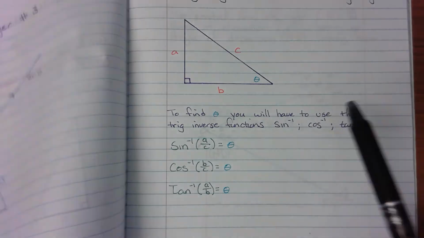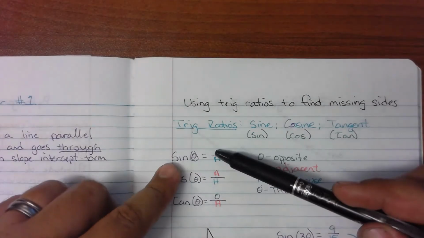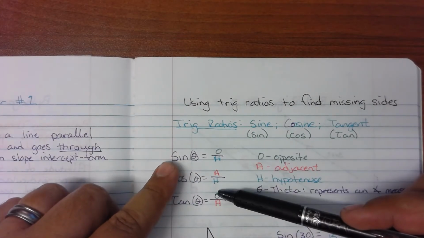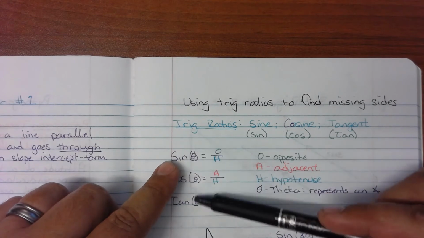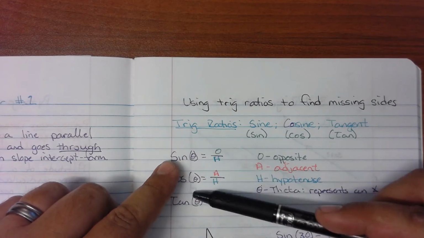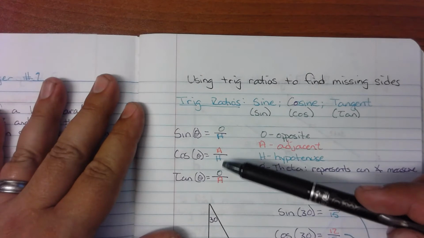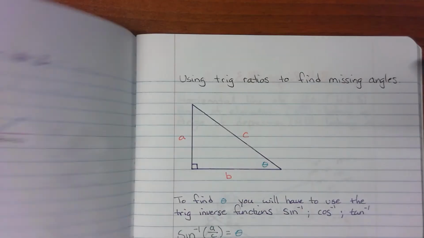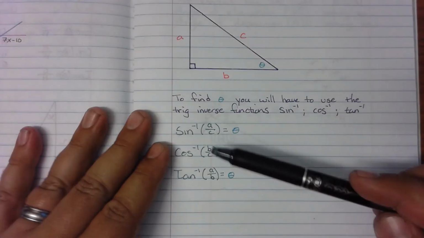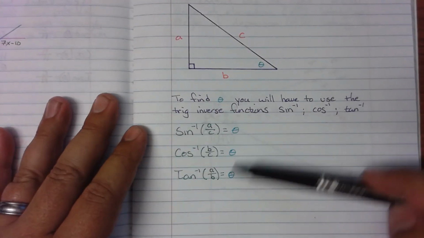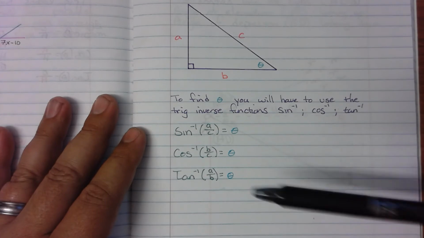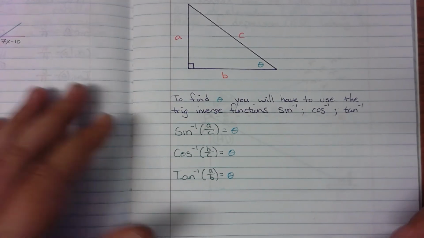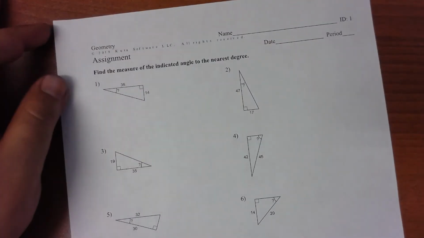So I took the ratio of sides, and I switched them with my theta. If you're looking for a side, you leave it just like this. If you're looking for the angle, you're going to switch them so it looks like this. And you're still just typing this into the calculator. So on your worksheet, let's try some.